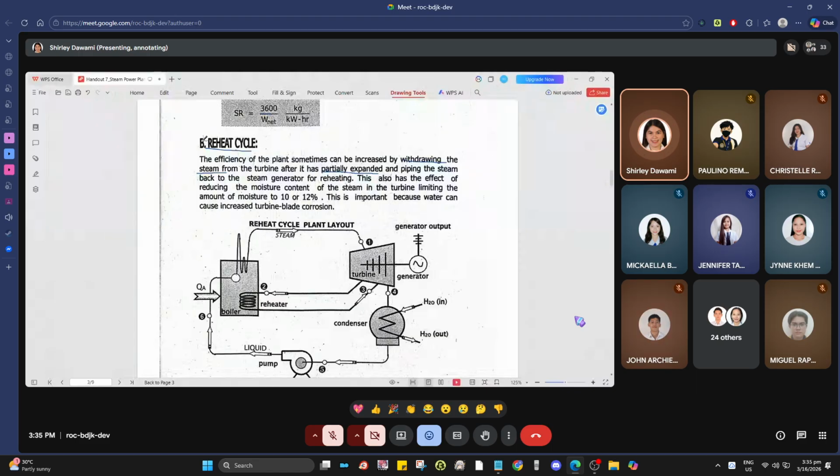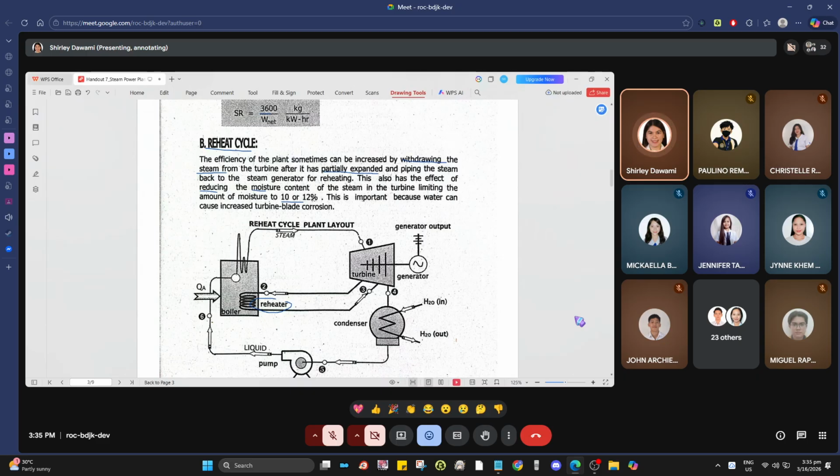So for the reheat cycle, our key here is the reheat. Meaning na siya'y reheater. And this reheat cycle also has the effect of reducing the moisture content of the steam in the turbine, limiting the amount of moisture to 10 or 12%. So this is important because water can cause increased turbine blade corrosion.